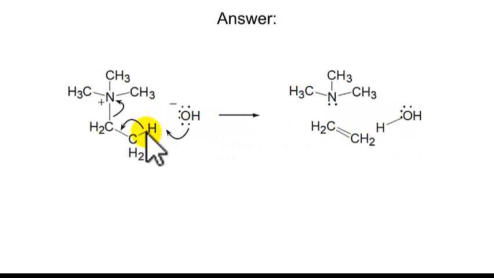This hydrogen that was bonded to the carbon with that pair of electrons, that pair isn't there anymore, so that bond is no longer between the carbon and the hydrogen. That hydrogen breaks off. Instead it's moving in there, so that means that this bond that was a single bond is now a double bond. And furthermore, this pair that was holding the carbon and the nitrogen together isn't there anymore. That's what this curved arrow is suggesting. Now it's on the nitrogen.